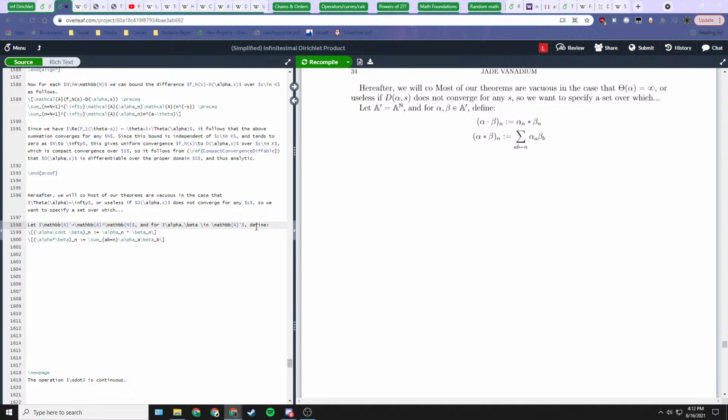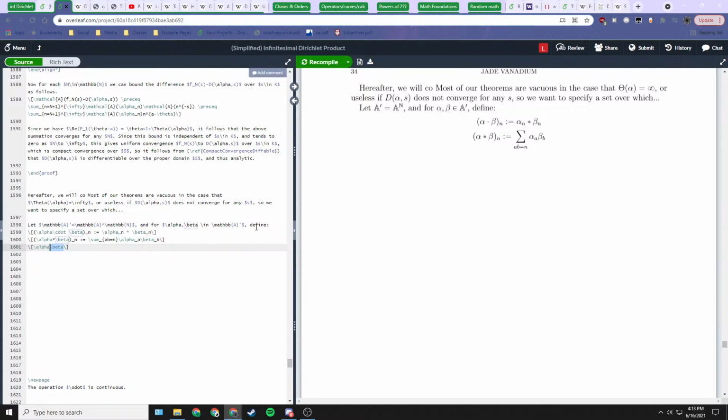Do I use a macro to type alpha and beta? No. I use autocomplete. So I just type AL and then I press tab and it autocompletes. Same thing with beta, BET tab. Although I guess this one doesn't really need the tab. You can do the same thing with lots of things.